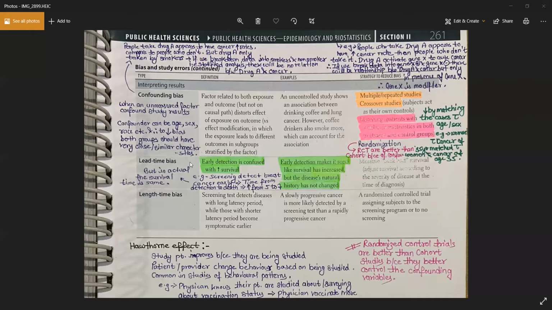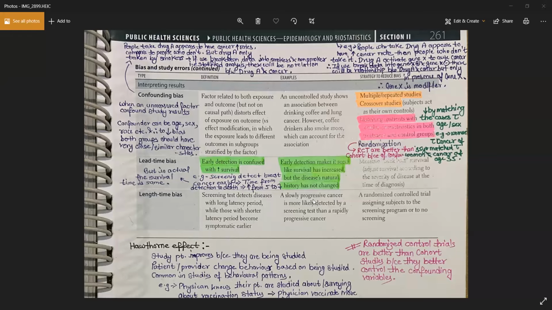Why? Because the disease has two processes. One is rapidly fatal, and the second is very slowly progressing. And only the slowly progressing cases will be detected by the test. So the screening test will detect a disease process with a long latency period, while those with a shorter latency period will become symptomatic earlier and die earlier than those who become symptomatic late.